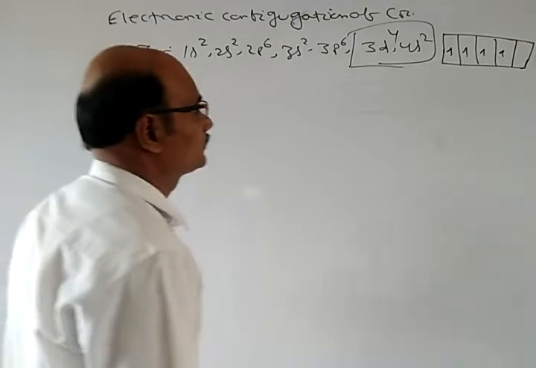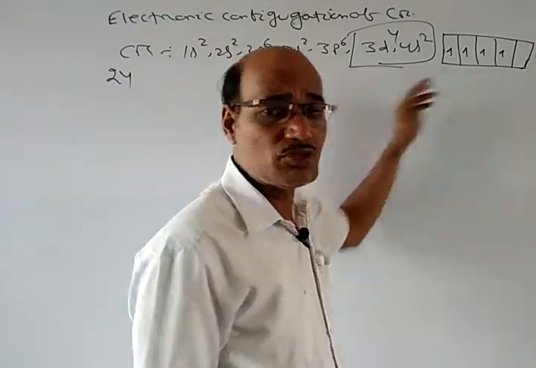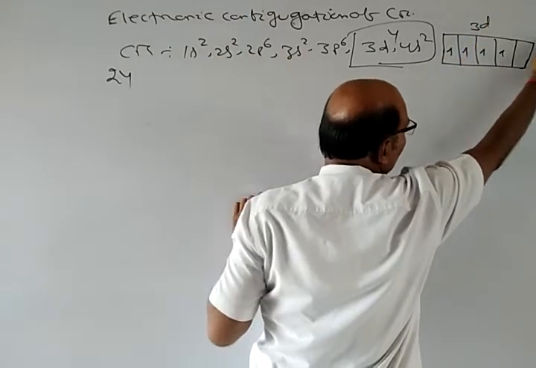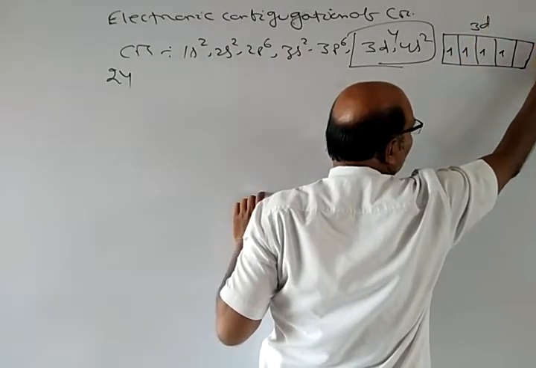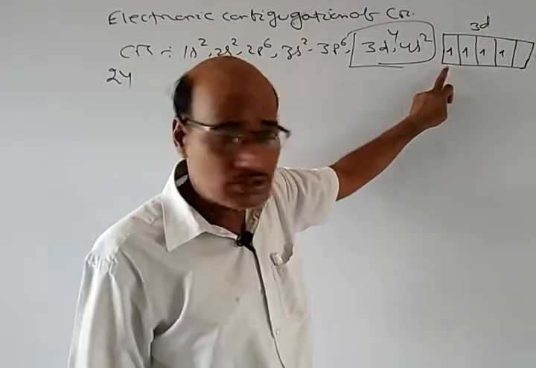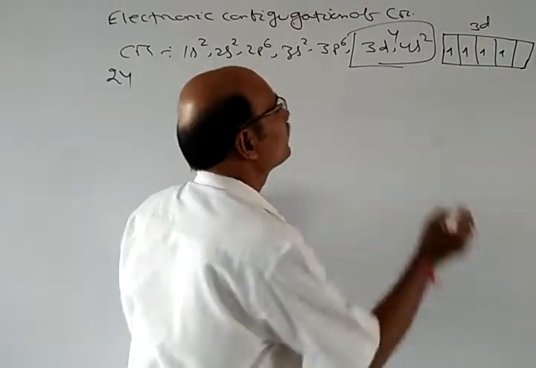Now with this electronic configuration, we have single electrons in 1, 2, 3, 4 d orbitals.